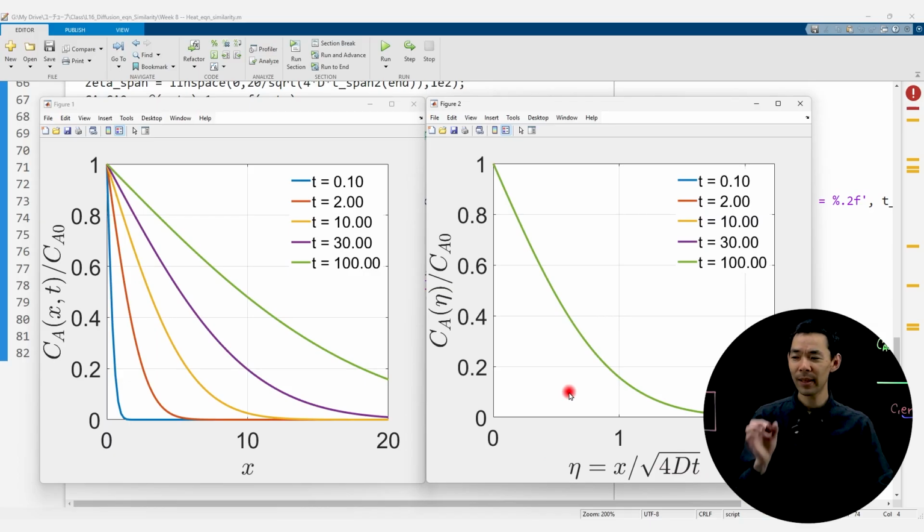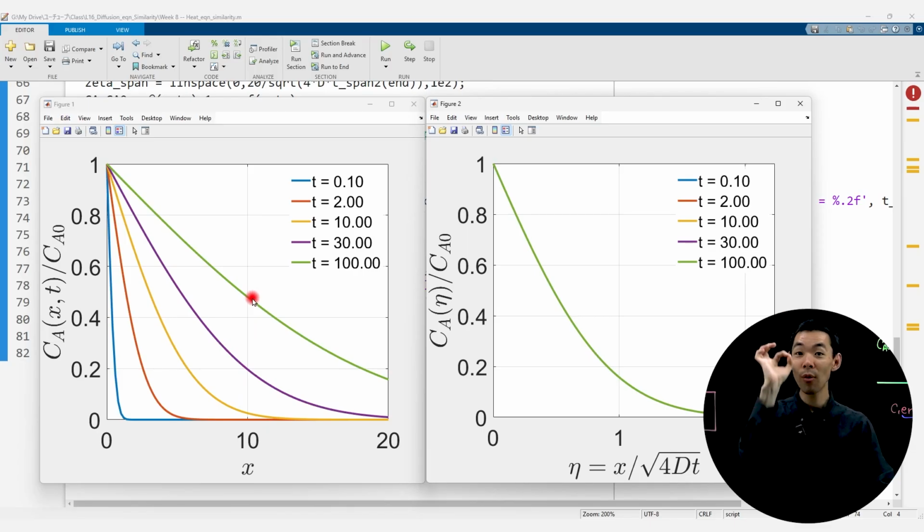Another way to think about it, because a lot of students seem to find this a little bit confusing, is if you were to select a particular position, say I were to select x equal to 10 on the graph on the left. Now, if I vary the time, I'm going to hit the blue, orange, yellow, purple, green. I'm going to hit all of those points as I go up in time.